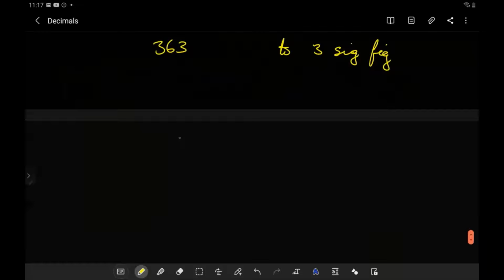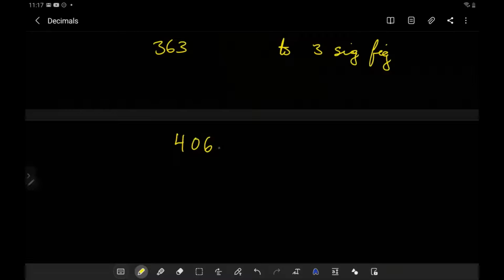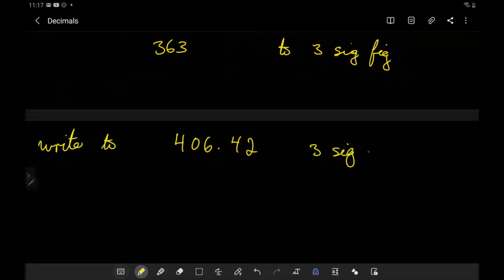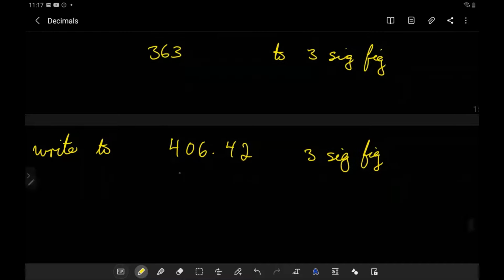Now, suppose I had this number, 406.42, and I ask to write this to three significant figures. What would I get? 406, sir. No, remember the zero is not a significant figure. So it will be 406.4. Good. So this is the three significant figures.